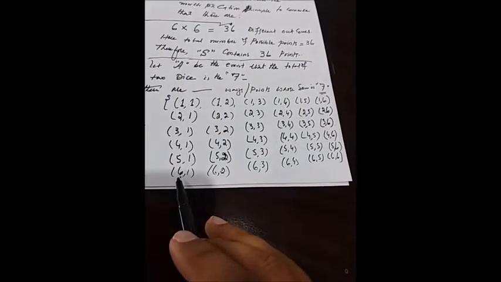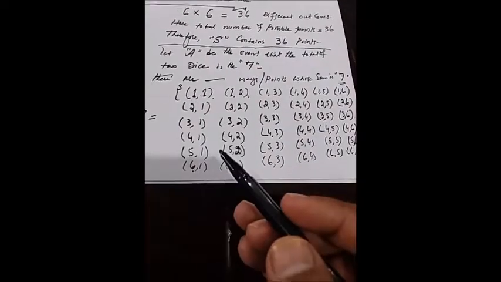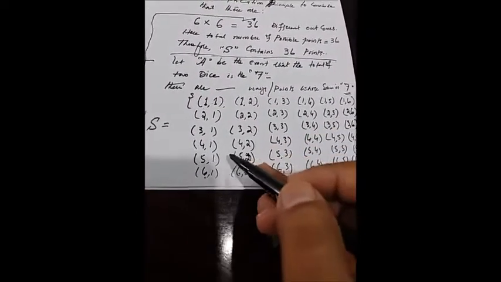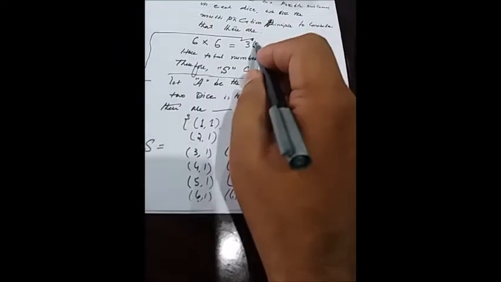So how many possible outcomes have we obtained from rolling the two six-sided cubic dice together? These are the 36 ways.